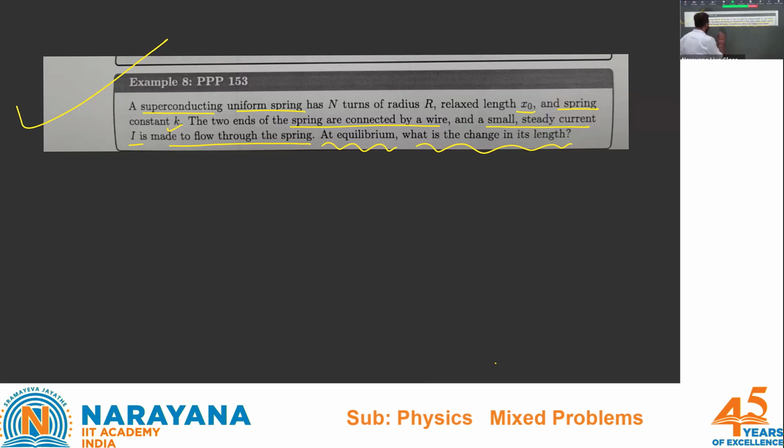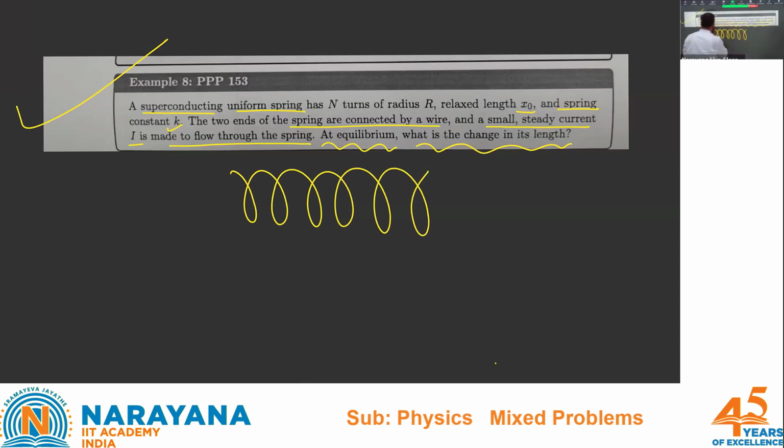So let us try to write the expression. Now, one thing that we can say by Faraday's law is, as the loop is superconducting, there is no resistance in the loop. So the total flux will remain constant. Not only this, if I just think like this, that this is a general state, and you have connected these ends with the help of a wire, and you have driven a current I into the loop.